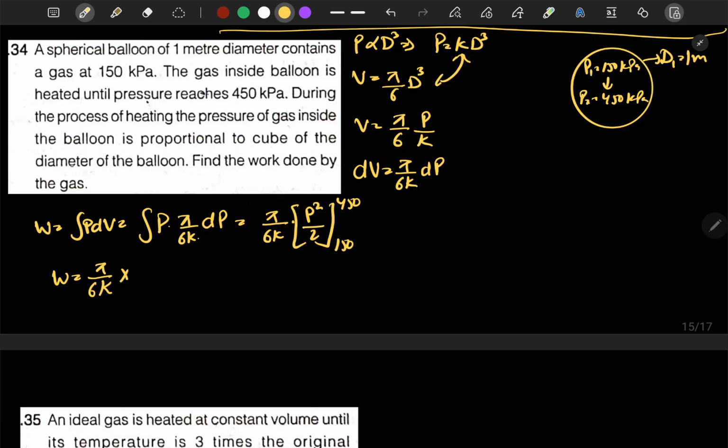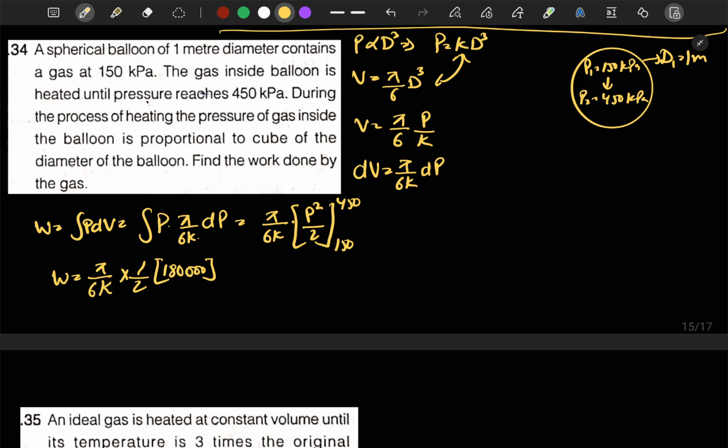Okay, so we can also take 2 out, so this will be 450 square minus 150 square. Okay, and we will get 180,000.